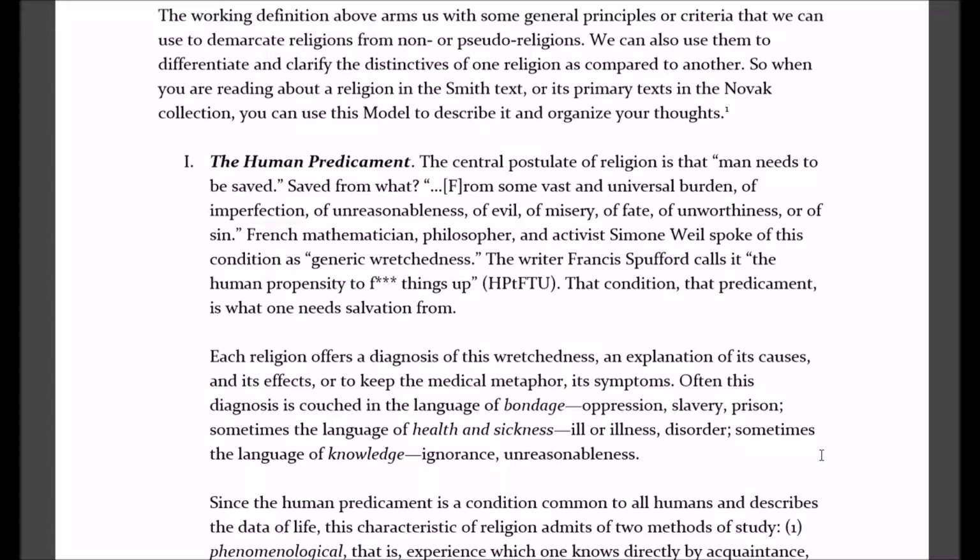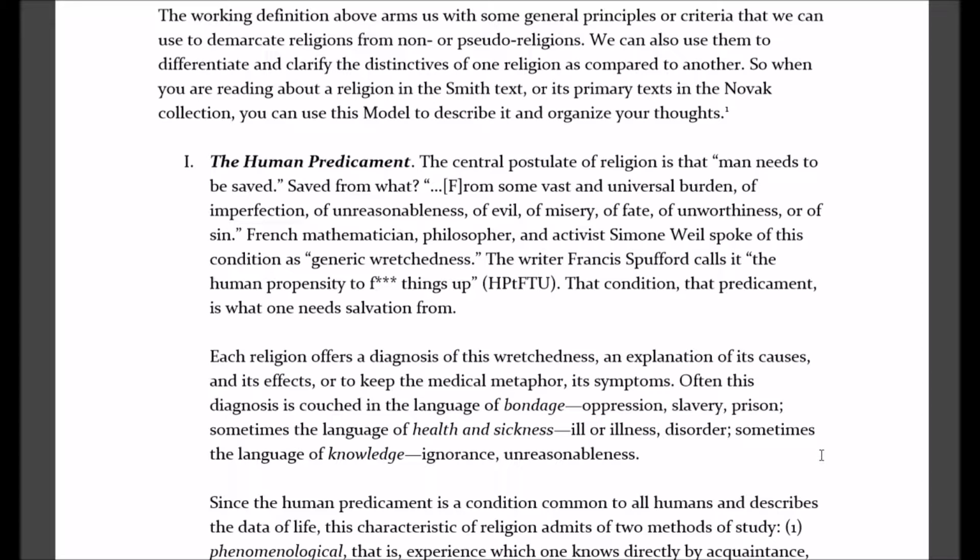And how is it described? Well, here's a great quote. From some vast and universal burden of imperfection, of unreasonableness, of evil, of misery, of fate, of unworthiness, or of sin. Multiple descriptive terms to talk about this vast and universal burden.